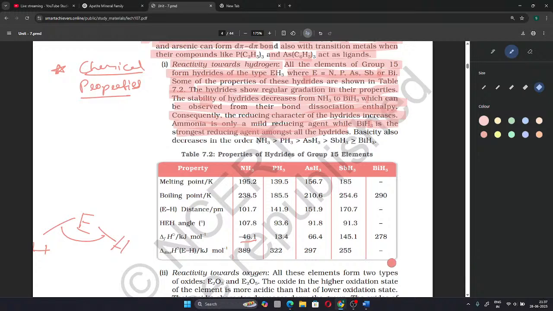Reducing agent meaning it will give electrons. NH3 is a mild reducing agent, while BiH3 is the strongest reducing agent. Basicity also decreases in the order NH3, PH3, arsenic and antimony, followed by bismuth.